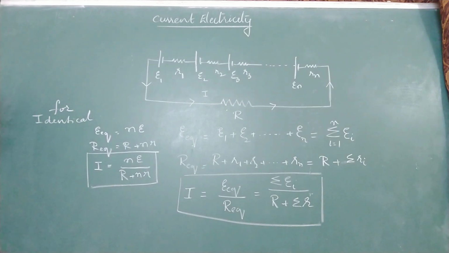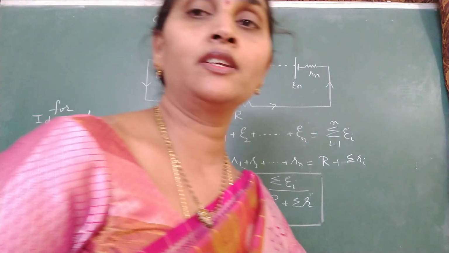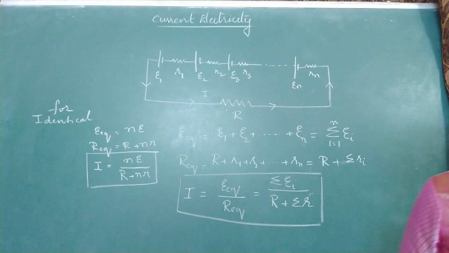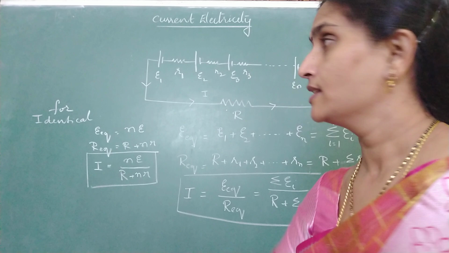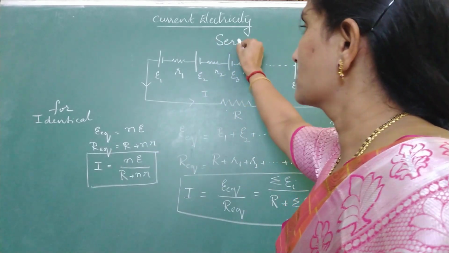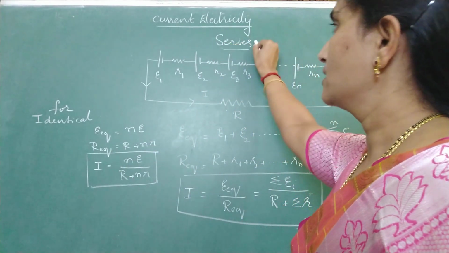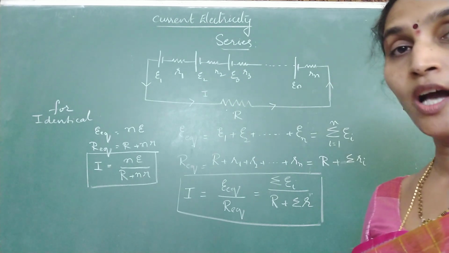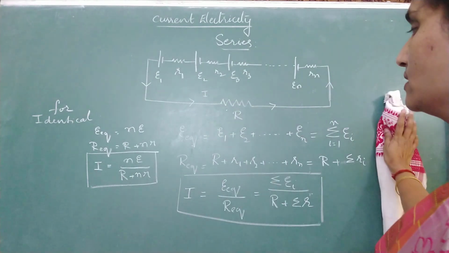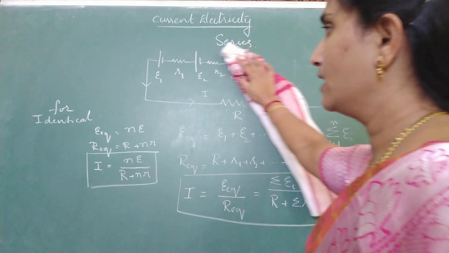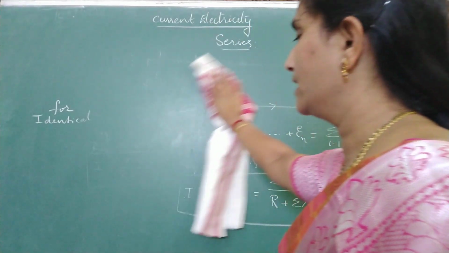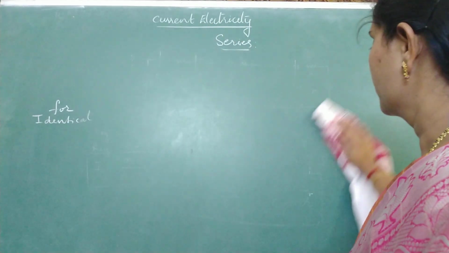So this is the first case, when a number of cells of EMF E1, E2, E3 and so on are all connected in which combination? Series combination. Remember these formulas. Now coming to the parallel combination. What would be the current and EMF if the cells are connected in parallel?